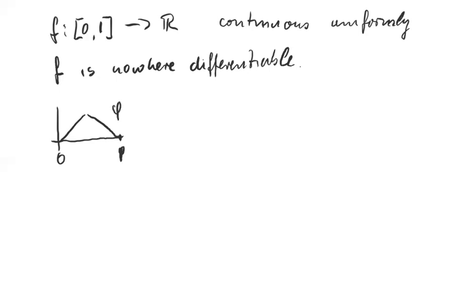Call this phi. And then what you do is call phi k equal to phi of x over 2 to the k. So phi k, what did I just do?